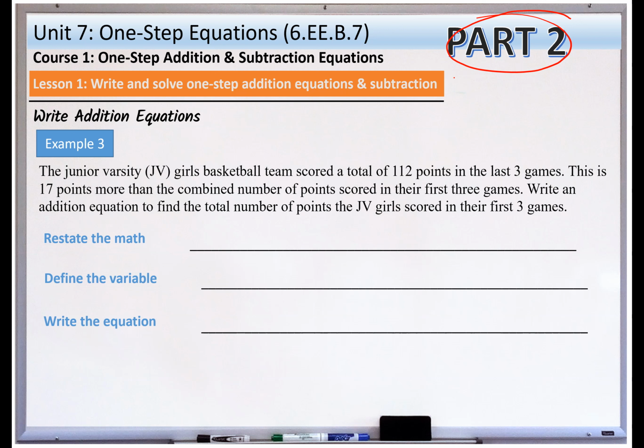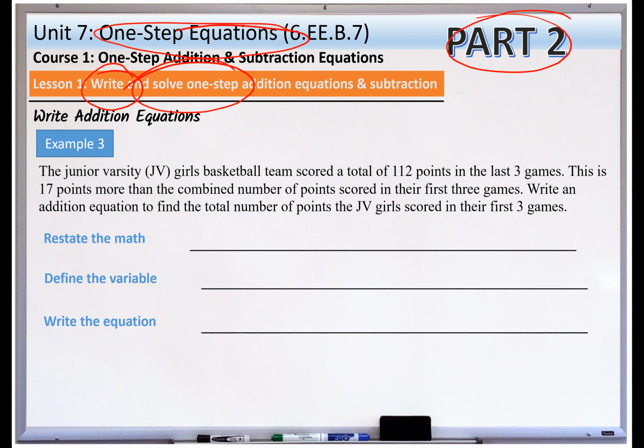All right, and welcome back to part 2 of solving one-step equations, or sometimes you'll see it called one-variable equations. And again, we're just writing right now, and we will solve them a little bit later. So example number 3.